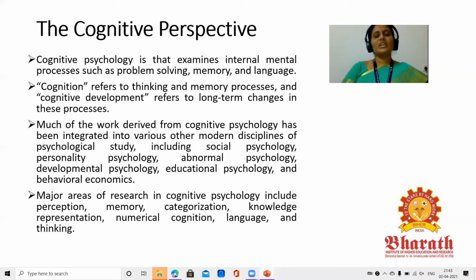Much of the work derived from cognitive psychology has been integrated into other modern disciplines of psychological study, such as social psychology, personality psychology, abnormal psychology, developmental psychology, educational psychology, and behavioral economics. The major areas of research in cognitive psychology include perception, memory, categorization, knowledge representation, language, and other things.